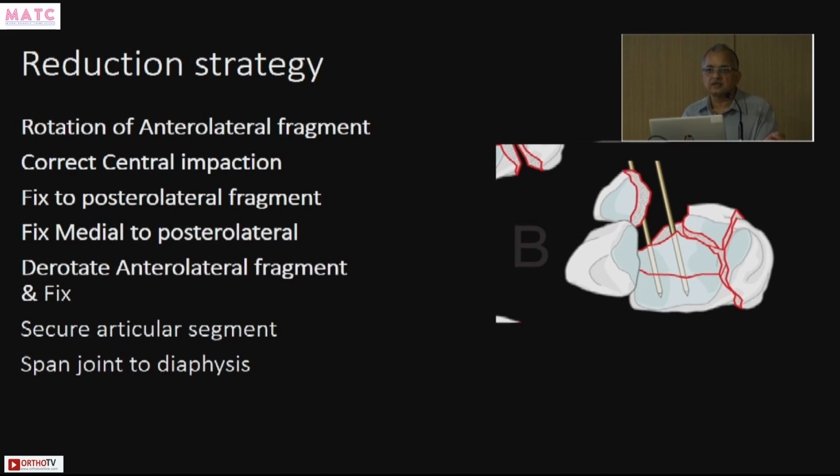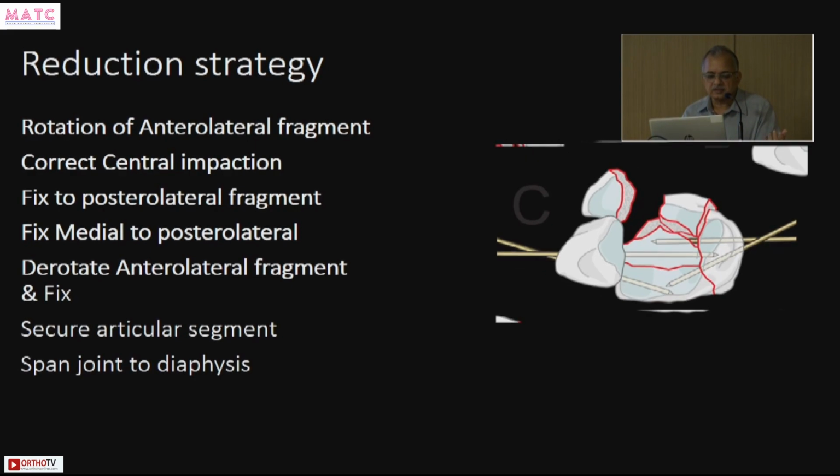Correct the central impaction and fix them with K-wires to the posterior fragment or the posterolateral fragment. Having done that, then you address the medial main fragment and fix it to this posterolateral fragment.